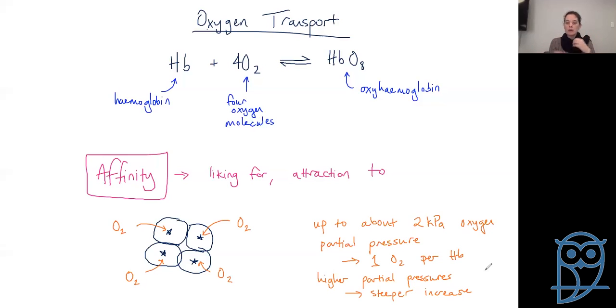So when we're talking about up to 2 kilopascals of oxygen partial pressure, we have 1 oxygen per hemoglobin, but we've got lots of hemoglobin. So they're all carrying 1. Then they all get more. So what does this saturation of hemoglobin graph look like?